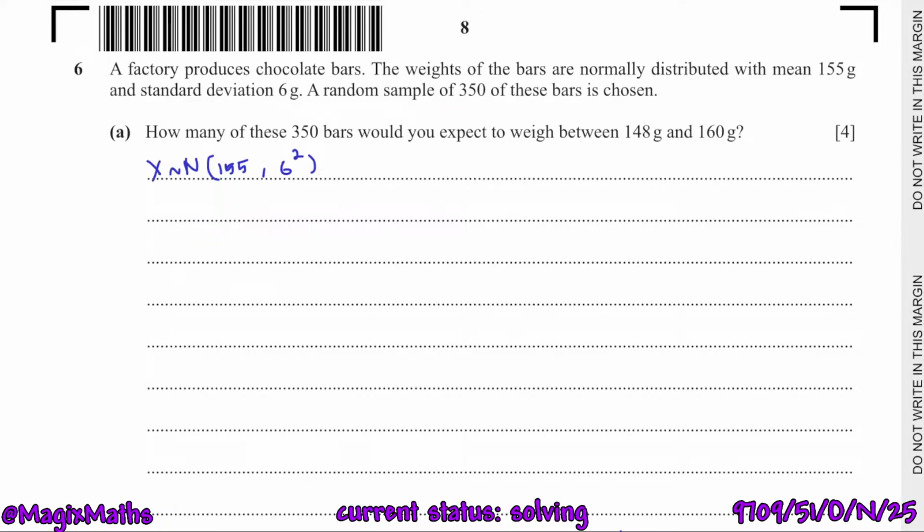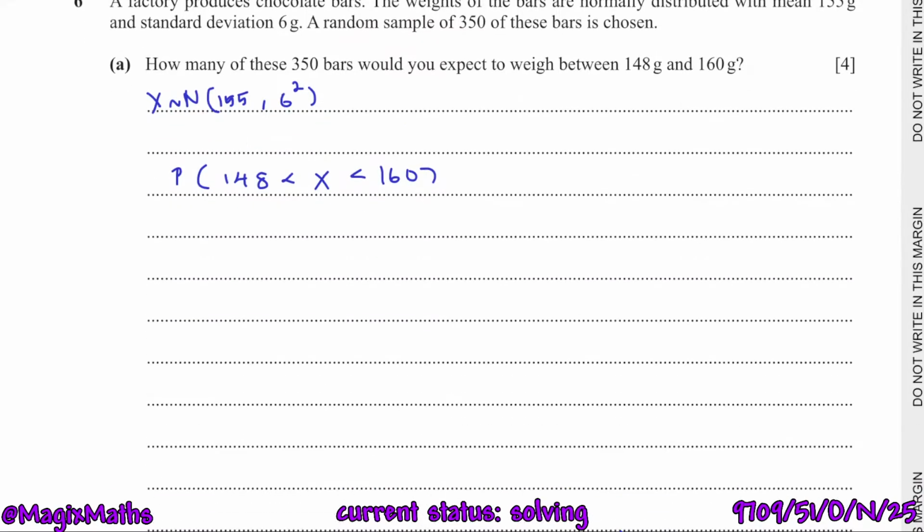Say we have 350 bars. How many of these would you expect to weigh between 148 and 160? So probability of having our bars weigh between 148 and 160. So we convert that to z-score. We should maybe use a larger space.